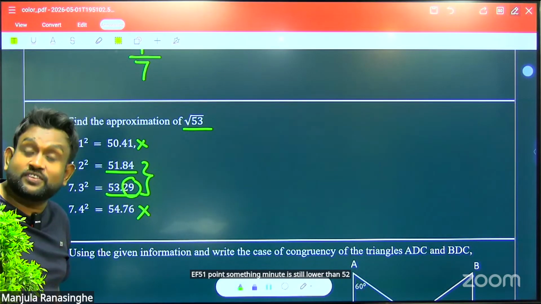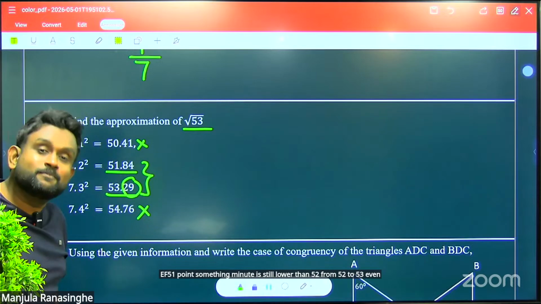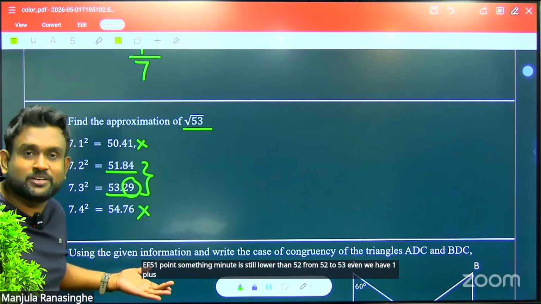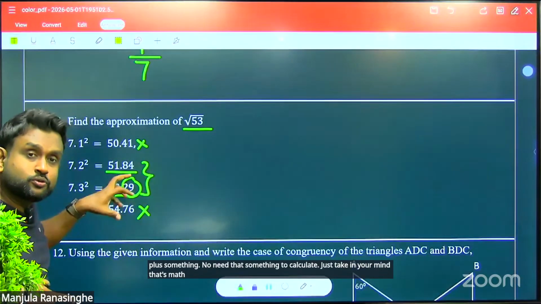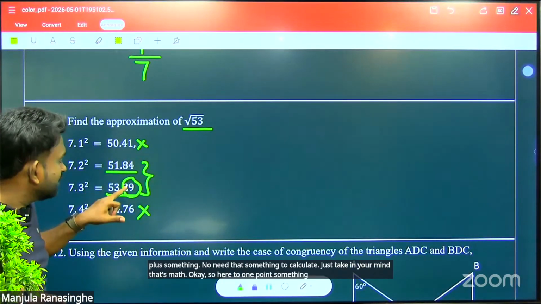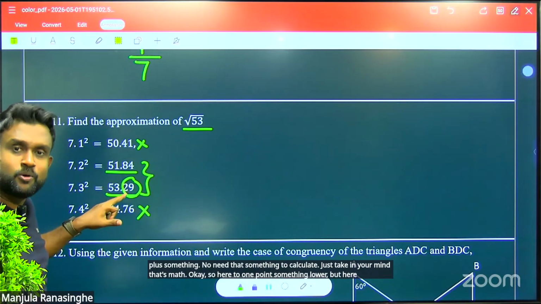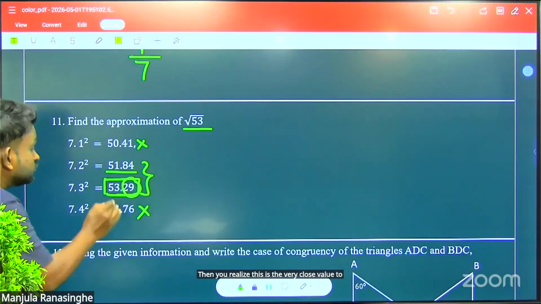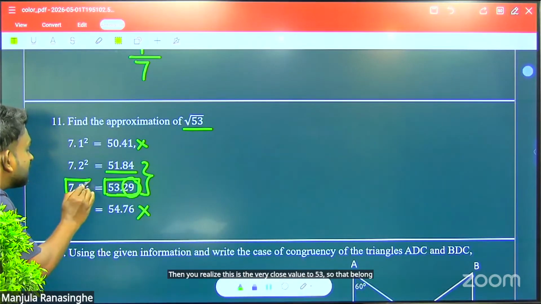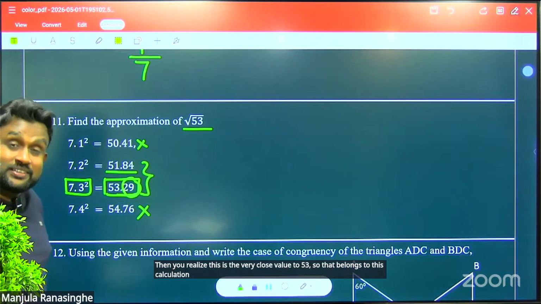From 52 to 53 we even have 1 plus something. No need to calculate that something, just take it in your mind, that's maths. So here 1 point something lower, but here just 0.29 more. Then you realize this is the very close value to 53. So that belongs to this calculation, 7.3 squared.